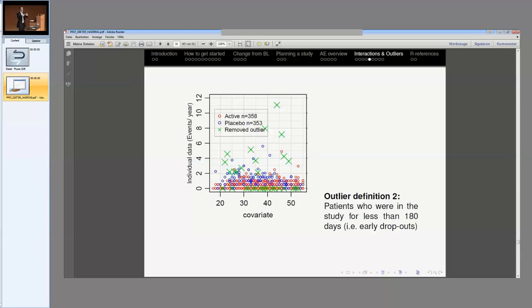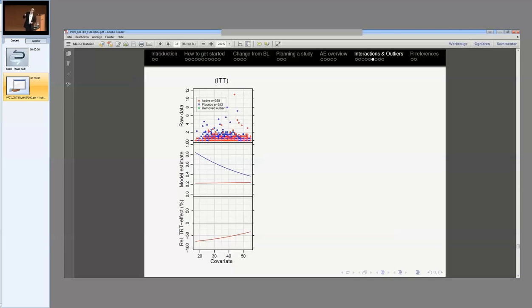By dividing the individual number of events by the individual time spent, we would kind of inflate that and artificially have these outliers. So we can remove the ones that spent a short period of time, and it would delete the observations that are crossed out in green here. Crossed out in green, maybe it should be crossed out in red. But on the other hand, you had placebo in red, so maybe you can swap the colors.